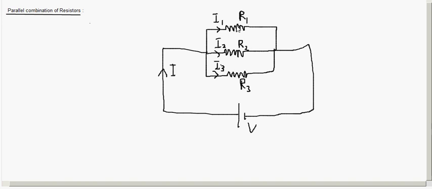Because the resistors are connected in parallel, the potential difference across each resistor is the same, and it is equal to V. In series the current is the same; in parallel combination the potential difference is the same.